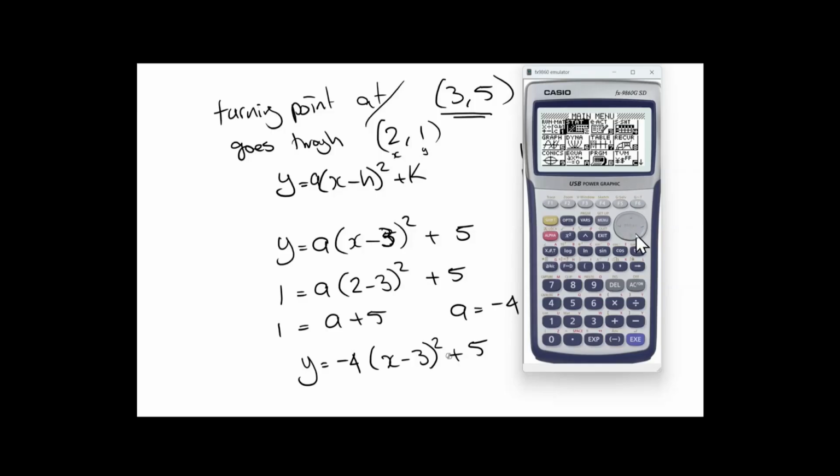I'm going to go to menu, and go to graph mode, and put this in: -4 brackets x minus 3 squared plus 5. Then I'm going to draw it, and it's going to look all wonky, and then I'm going to zoom out a bit.